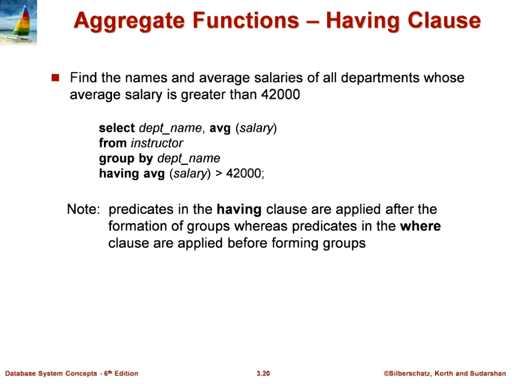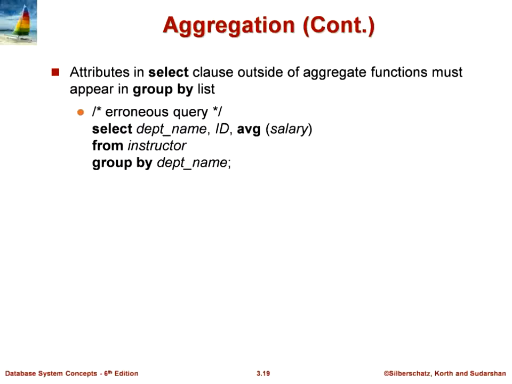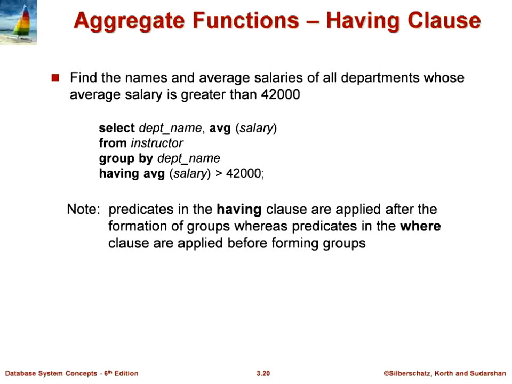So you are first calculating the average salaries. The predicates in the having clause are applied after the formation of groups, whereas the predicates in the where clause are applied before forming the groups. If you write where, then the check is made before forming groups.